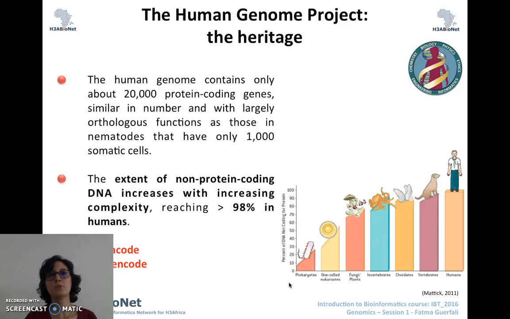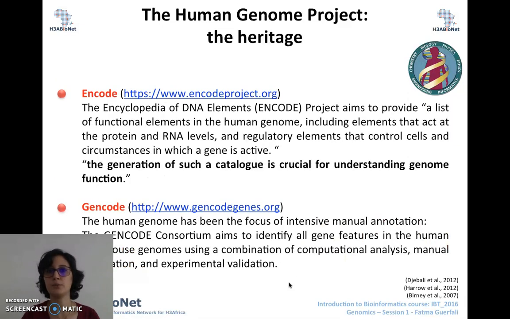Detailing this would be beyond the scope of today's presentation, but this was just to let you know that there is a huge heritage of the Human Genome Project that has allowed the development of satellite projects, among which the ENCODE and GENCODE projects, in order to enhance our understanding of the human genome. So these are these projects, and you have the links for them if you want to know more.